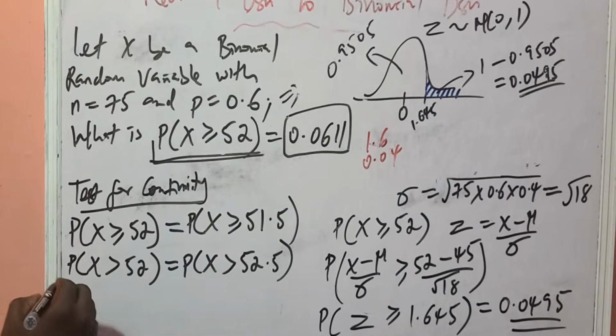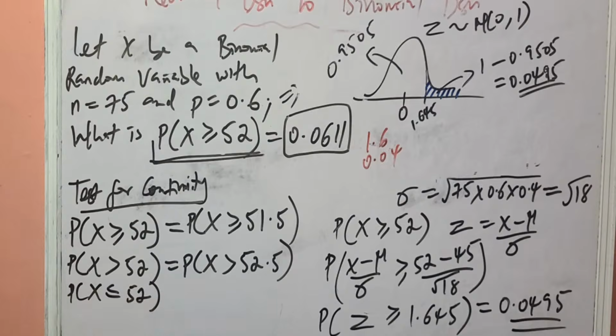What if we're dealing with probability of x less than or equals to 52? What do you feel would be the answer in this case? We are told less than 52, but also equals to 52. So obviously we want to include 52, but we are sweeping to the left because this is less than. So we don't want to start from exactly 52. We want to start a bit before that 52.